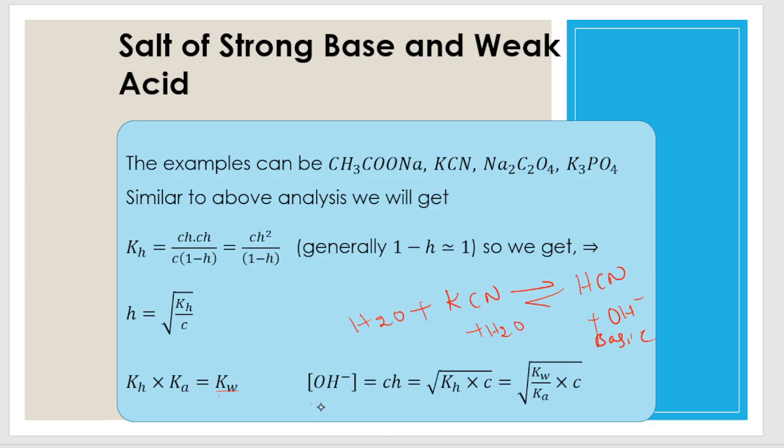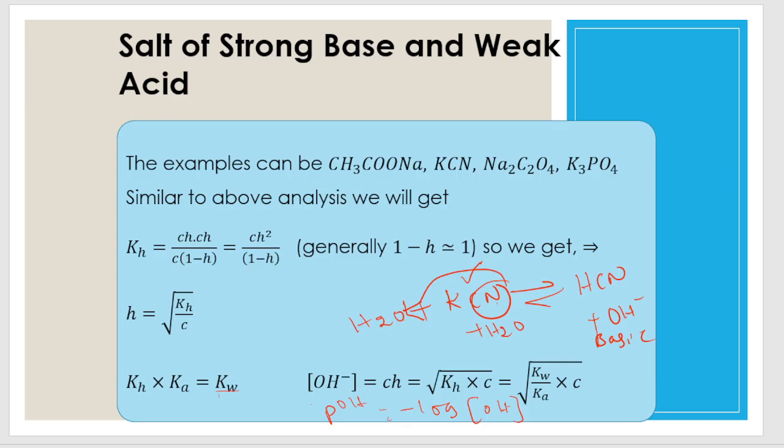That's how the strong base and weak acid salt solution is basic in nature. And thereby you can calculate the OH minus ion concentration, and pOH you can calculate just by applying the negative logarithm. But the important point to be noted is that in the case of this salt, the CN minus ion is undergoing hydrolysis, reacting with water. As it is an anion, it is anionic hydrolysis.